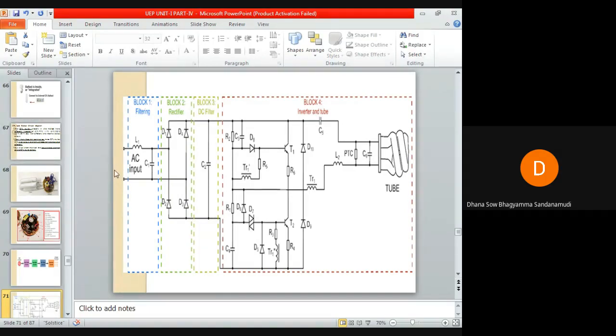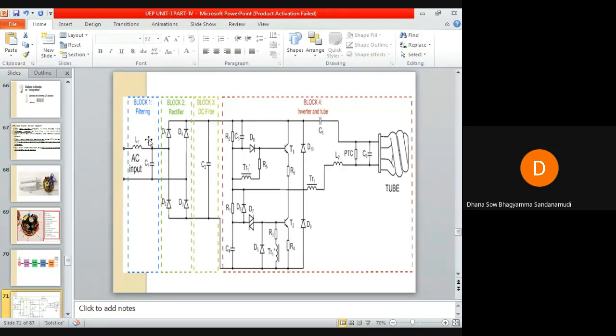So when AC supply is given through a series resistor or through a fuse to this block 1, that is nothing but the electromagnetic interference filter, what does this filter do? It consists of an inductor in series and one capacitor in parallel.